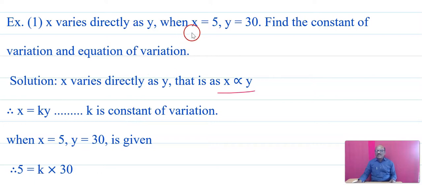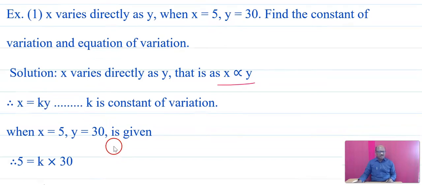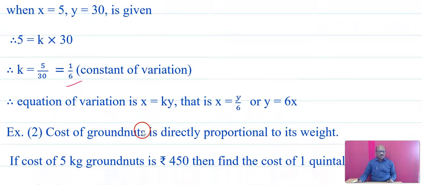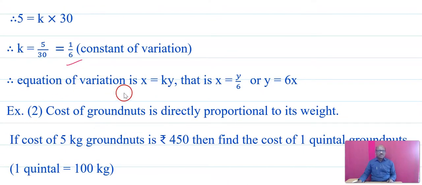Now substitute X is equal to 5 and Y is equal to 30, and you will get 5 is equal to K into 30, and therefore K is equal to 5 upon 30, that is 1 upon 6. This is the constant of variation. The equation of variation is X is equal to KY, that is X is equal to Y upon 6, or Y is equal to 6X.